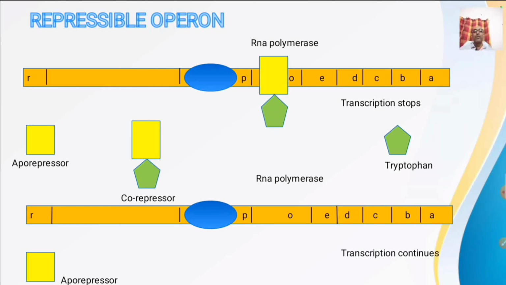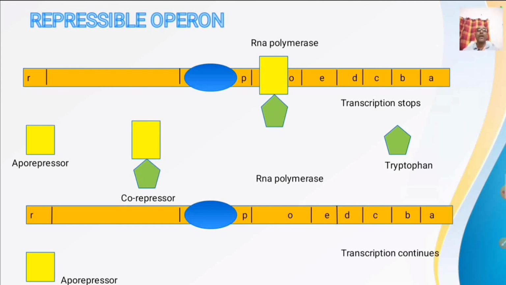The aporepressor, even though it is encoded by the R gene, will not be able to attach itself to the operator region. So obviously the transcription will continue as the RNA polymerase will move ahead without any hindrance on its path. Got it? So this is how gene expression is regulated in prokaryotes.